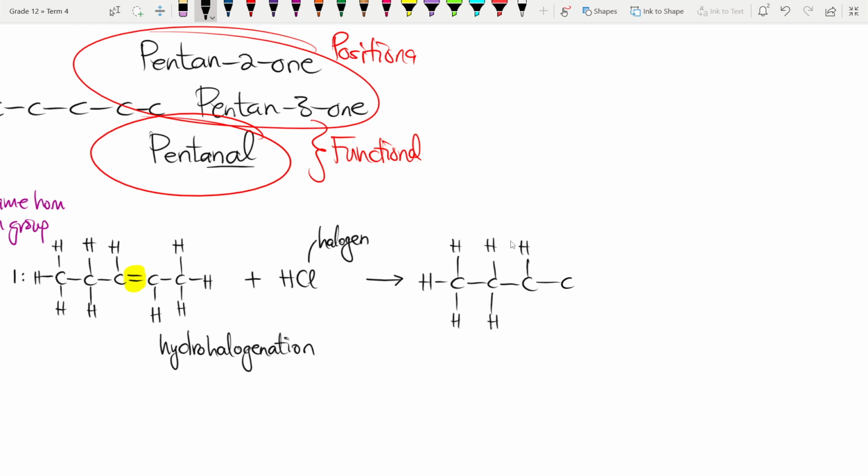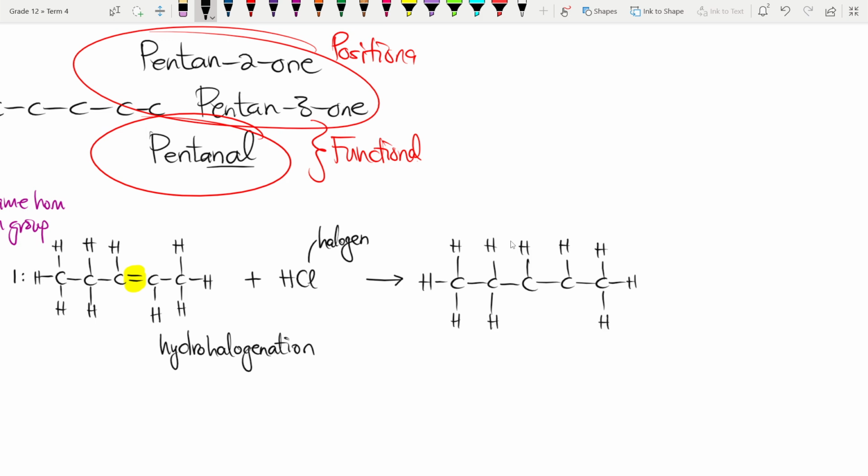The first thing I know is that now it's going to be all single bonds. Then you can apply Markovnikov's rule to this, but I don't think it's going to change anything. Or is it? What will Markovnikov's rule say about where H or Cl is going to be attached?